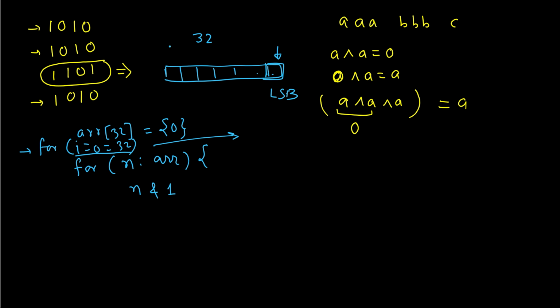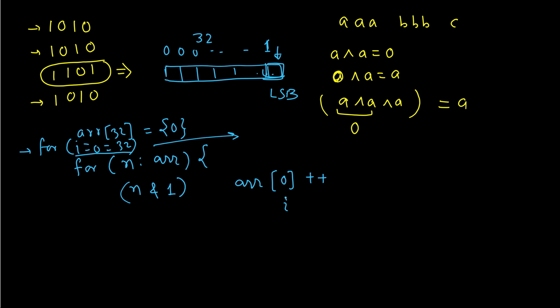So 1 is, if you remember, 0 0 and so on, everything is 0, and the least significant bit is 1. So if we do AND with any number, then everything will become 0, except if this bit is set, it will be 1, otherwise 0. So if this is set, then we add arr[i] plus plus.